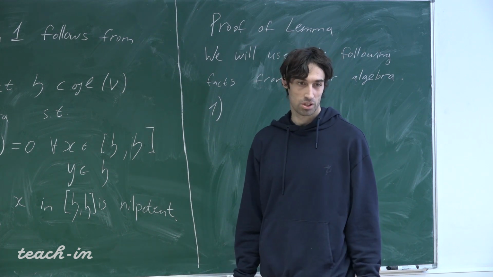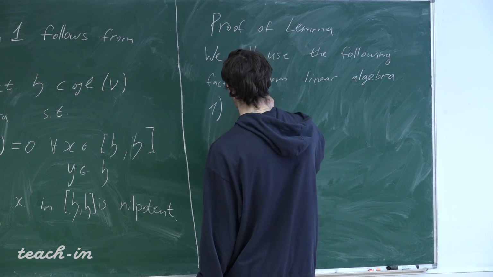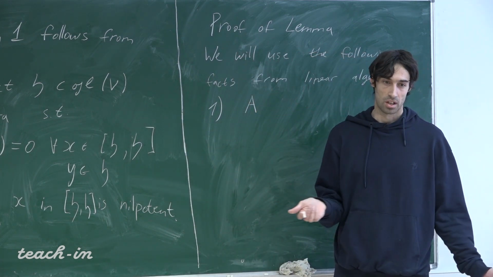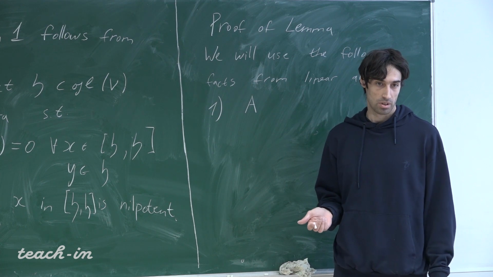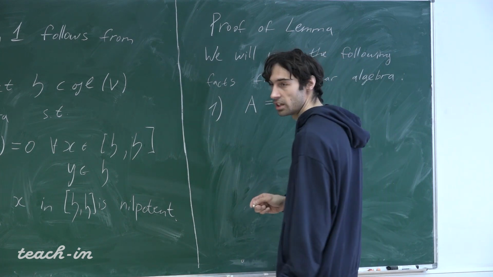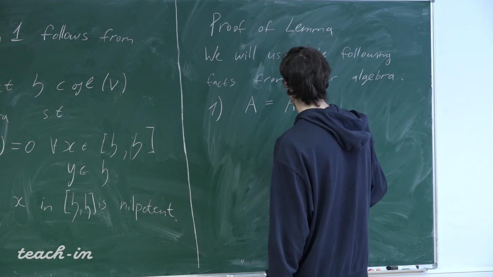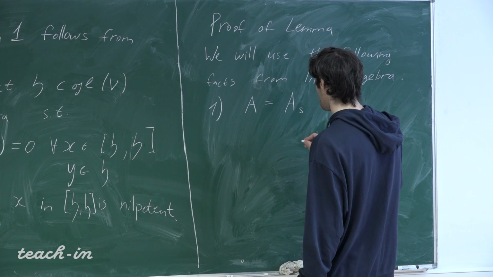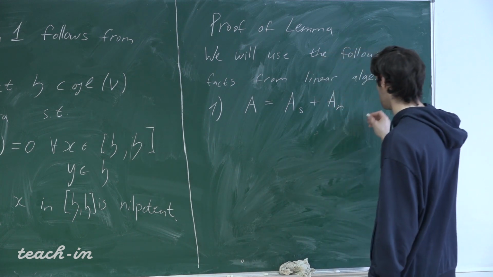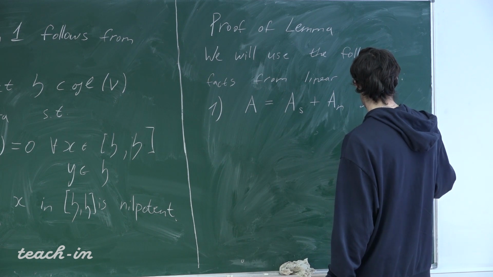It is the Jordan decomposition. What is the Jordan decomposition? If you have A, which is a linear operator on some complex vector space, then it can be uniquely written as a sum of a semisimple operator and a nilpotent one. So this is called the Jordan decomposition.